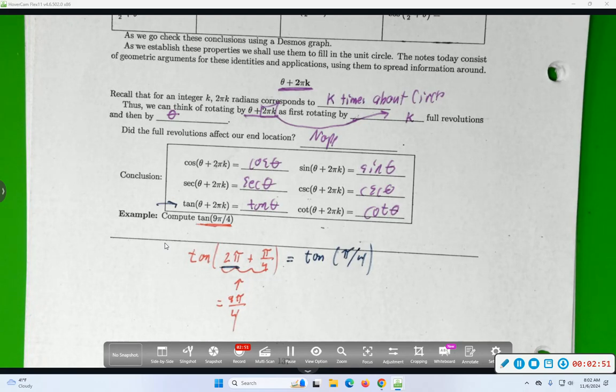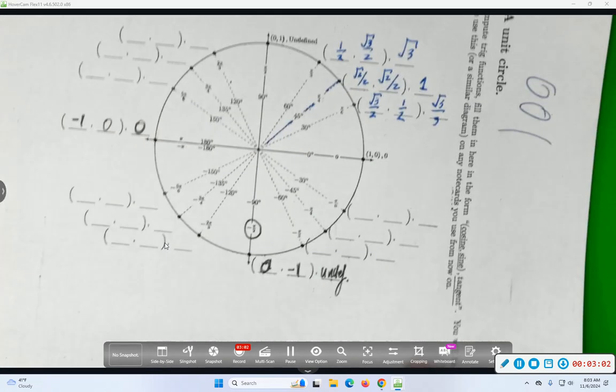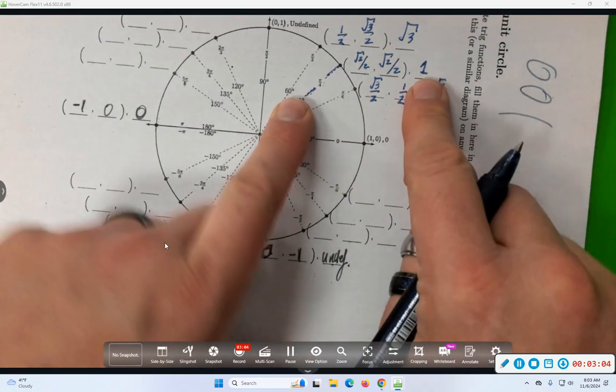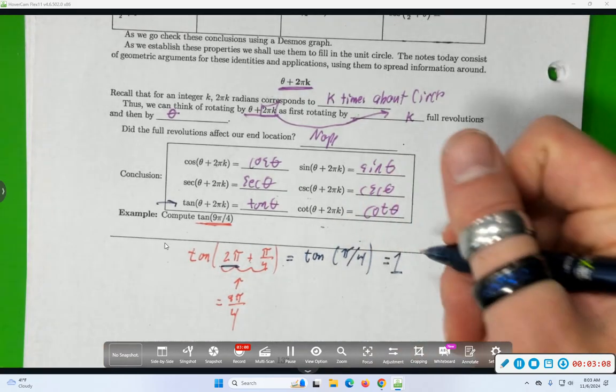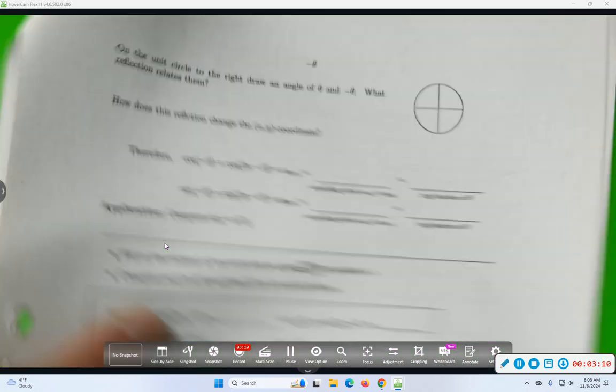What's the tangent of pi over 4? I hear some ones. Yeah, nice. And we're going to do more stuff with the unit circle, like fill in the rest of it. Pi over 4, tangent is 1. Nice. Let's carry on.